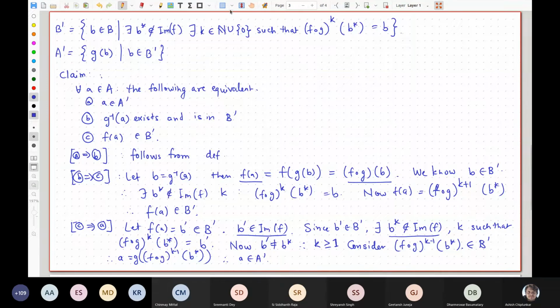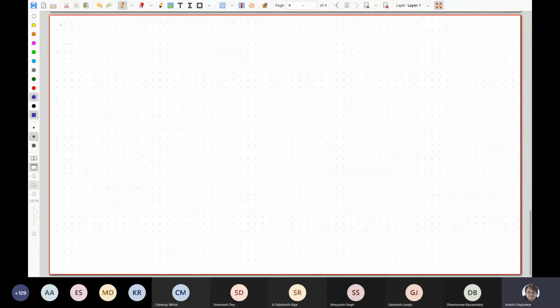Similarly, we can make a claim about every element in the set B. So claim: for every B in capital B, the following are equivalent.